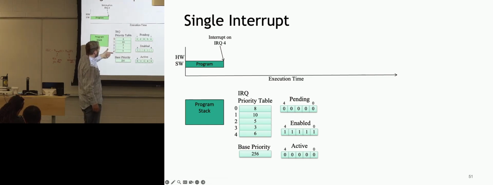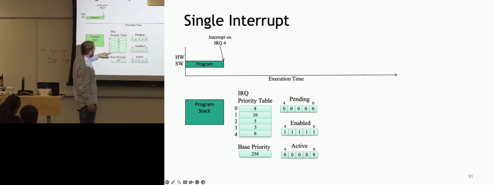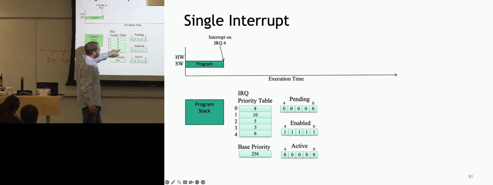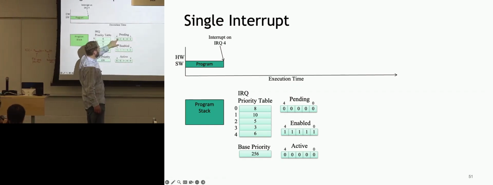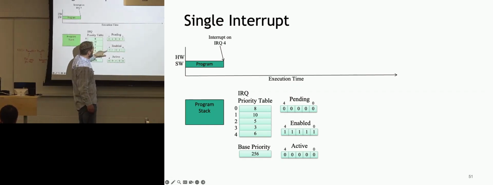So these are 5 different interrupts of different values. Then we have a pending register holding the state of whether it's pending or not. This is your enable register, which ones are enabled, and then these are the ones that are active.